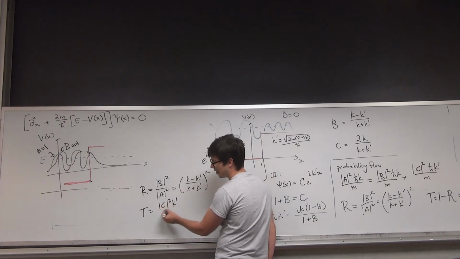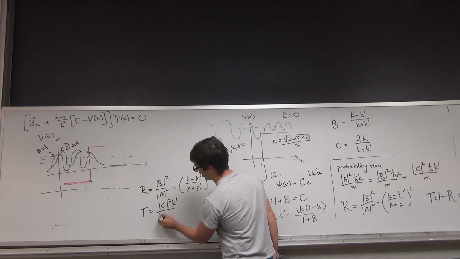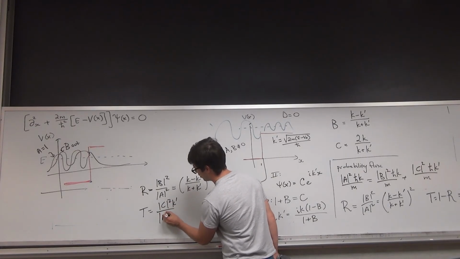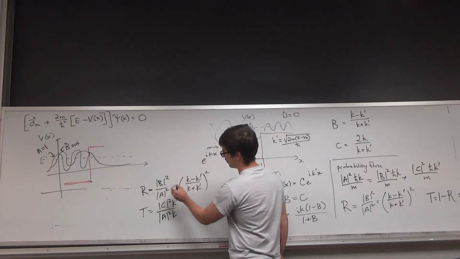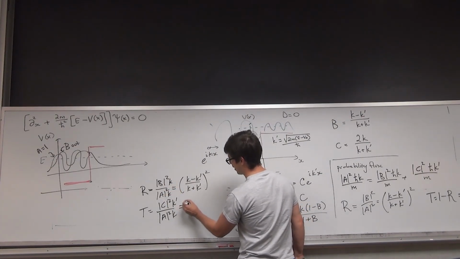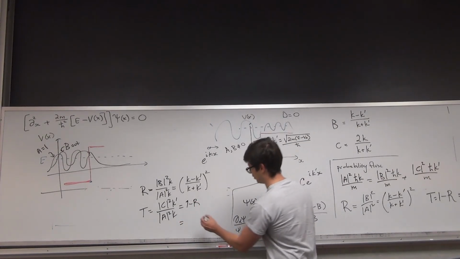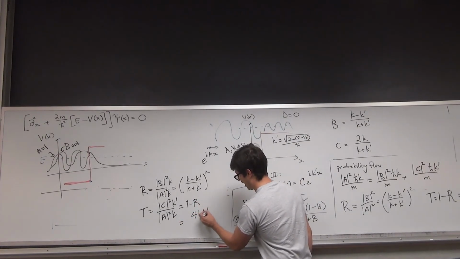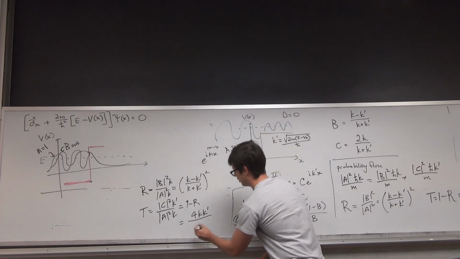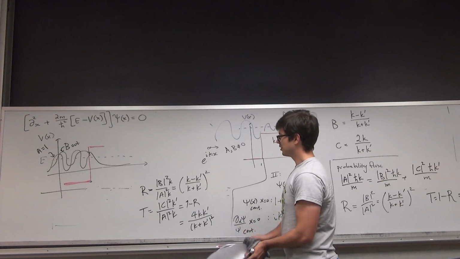This is the probability current that is conserved. This is c squared k prime over a squared k. And here, if you want, these are both k's, so those cancel. And that's equal to 1 minus r. And that's also equal to 4k k prime over k plus k prime, squared. So everything should make sense.